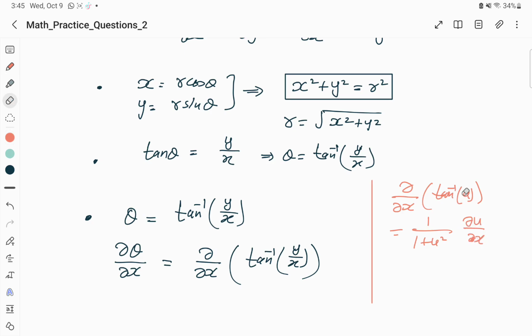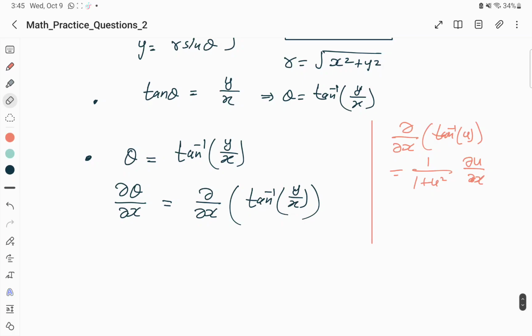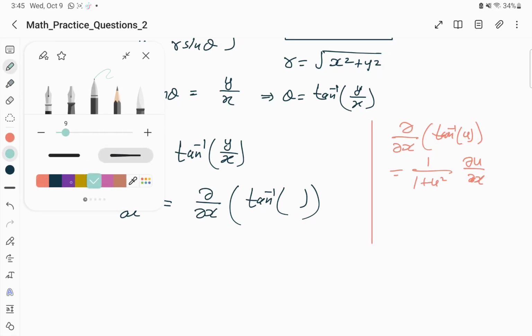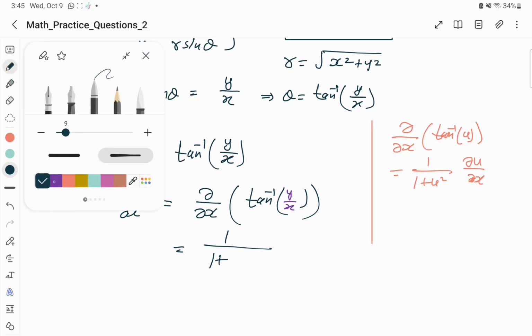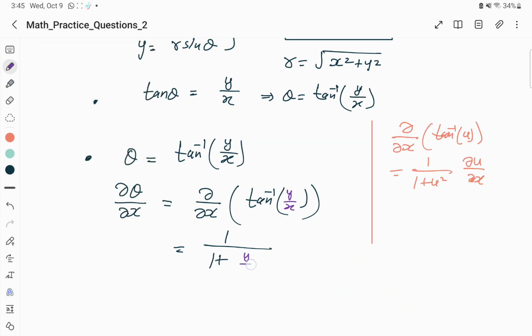In other words, we have to multiply with the derivative of the inner function, and here in the place of u, it's y over x. So let's take the derivative, keeping in mind that in the place of u we have y over x. The derivative of tangent inverse of y over x will be equal to 1 over 1 plus u squared, but in the place of u we have y over x and we have to take its square.